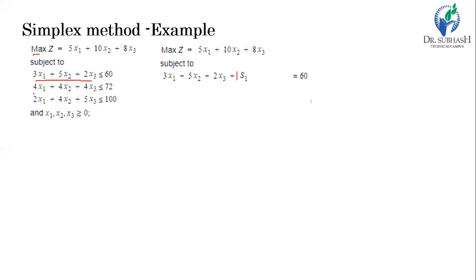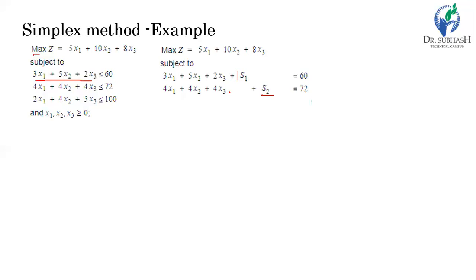In the same way, 4x1 plus 4x2 plus 4x3 less than or equal to 72. So here we will add another slack variable. As we already used s1 before, we will use s2 here, and again one is the coefficient, so we need not write it. So the second constraint will become 4x1 plus 4x2 plus 4x3 plus s2 is equal to 72.